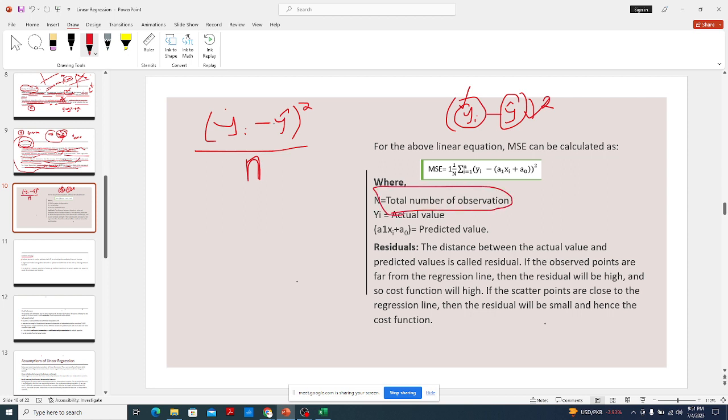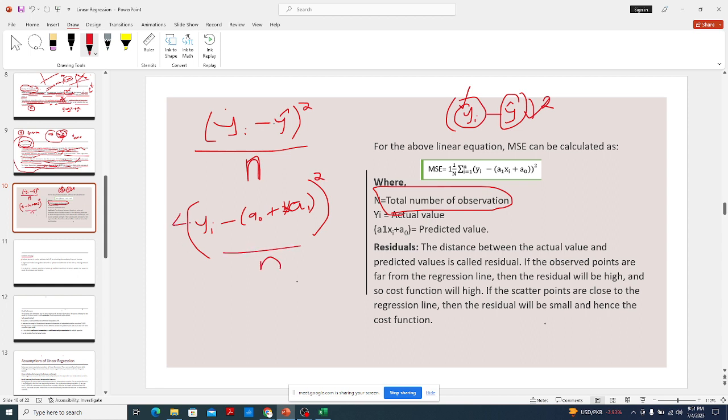With this you can also say that the predicted ŷ is equal to a0 plus x multiplied by a1, and you square this, then divide by n.